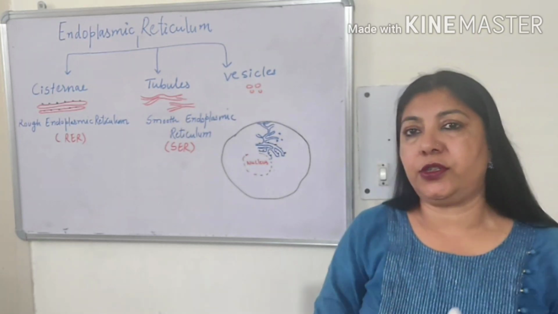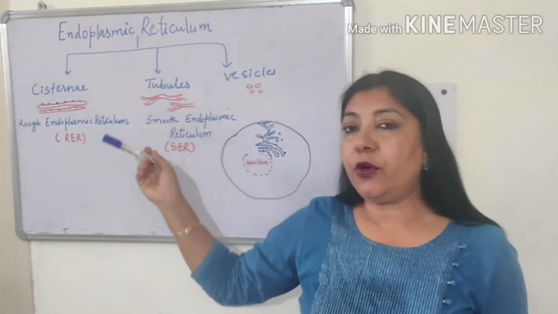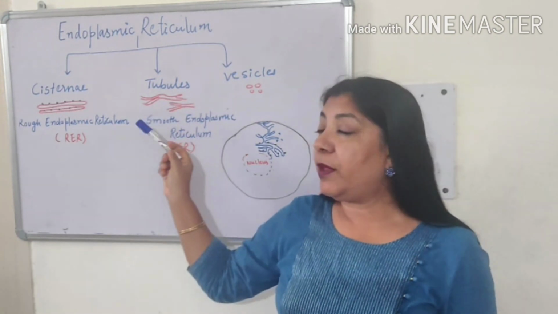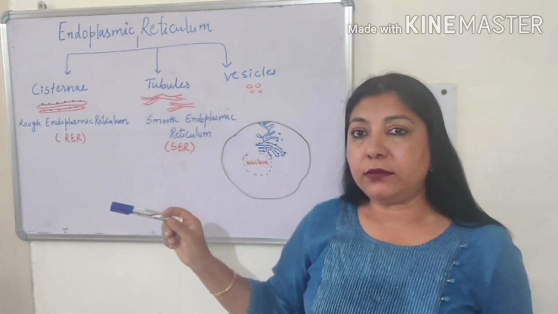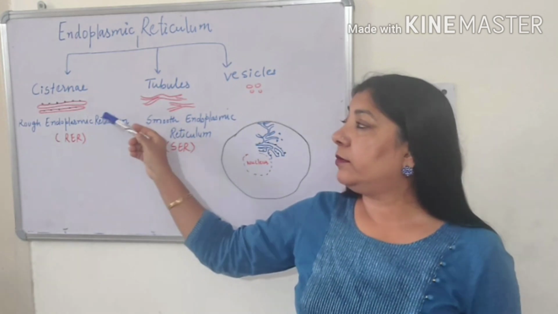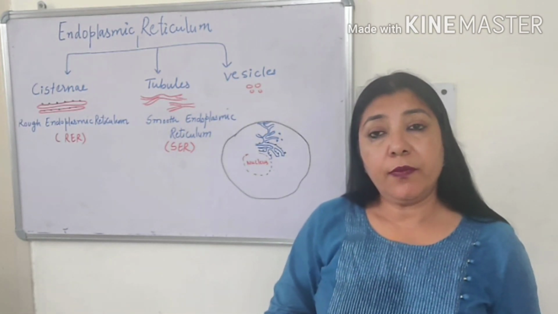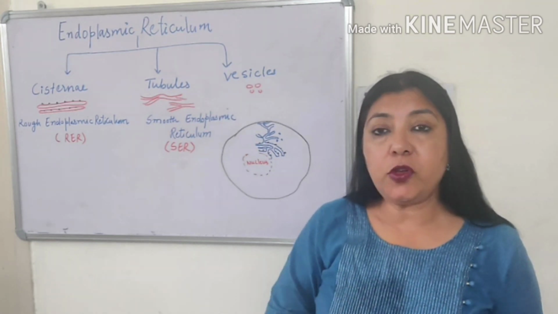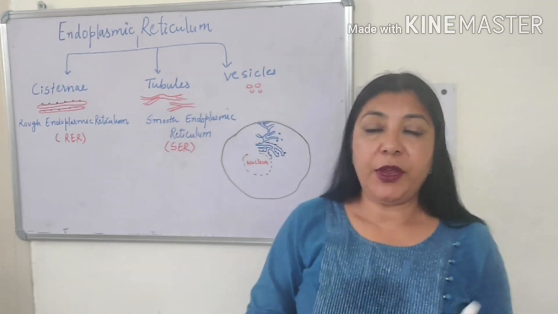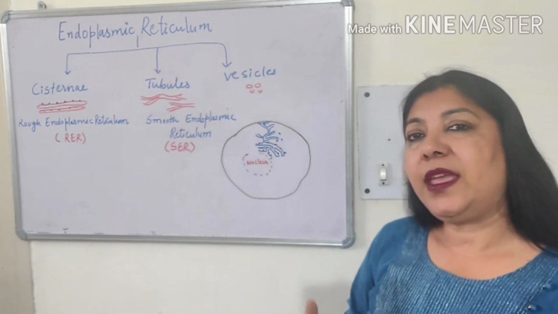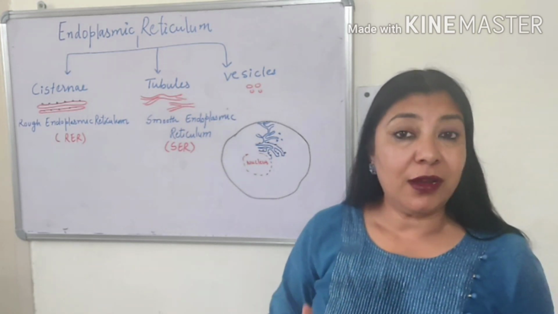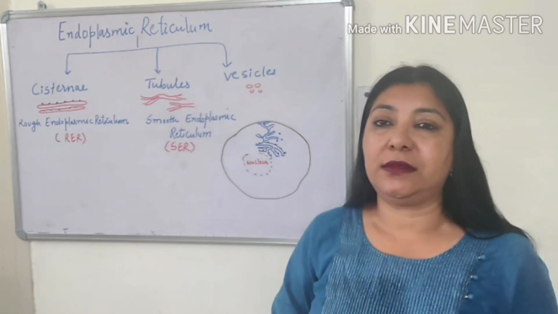Now let's see the functions. As I told you, most of the rough endoplasmic reticulum are made up of cisternae. They have more of cisternae, so they will have ribosomes on their surfaces. Because ribosomes are there, they are mainly responsible for protein synthesis.